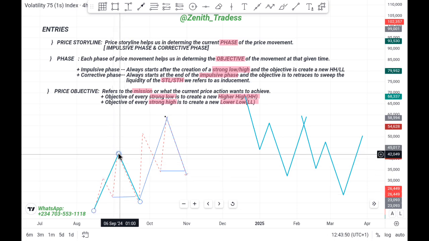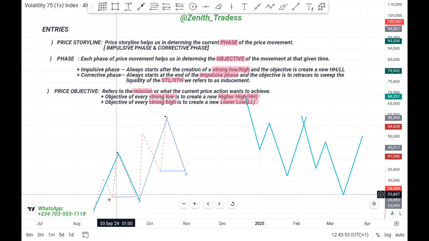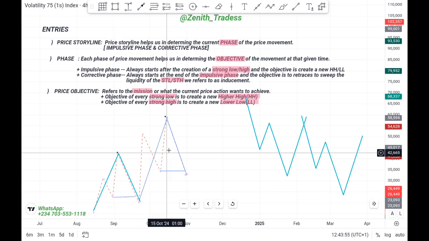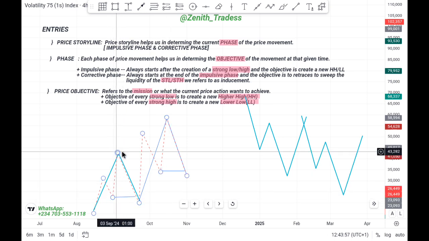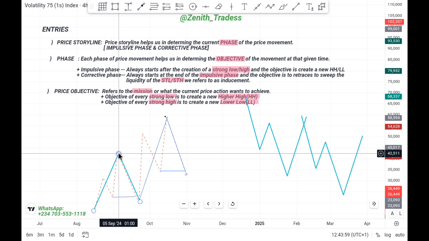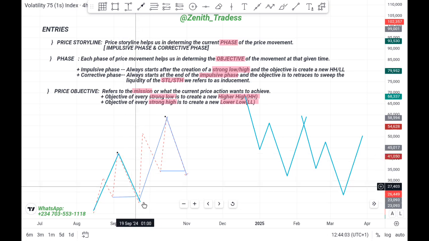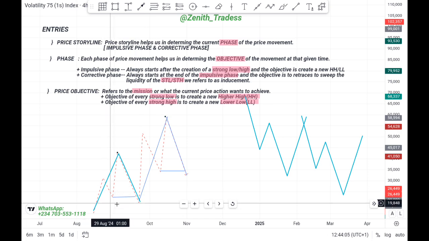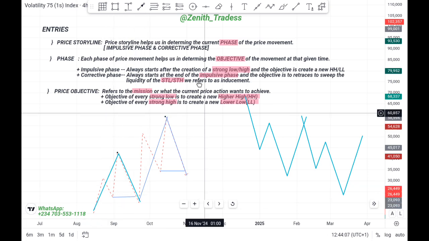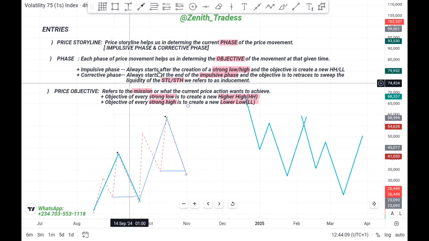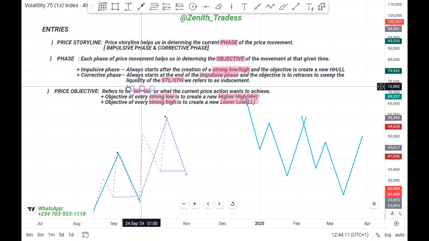Though it's a weak high, it will retrace to take the structural inducement before moving. So now that you know that after a major high has been created, I should anticipate a retracement, the corrective move, to come and sweep my structural inducement before moving. So that's basically all this explanation and definition is talking about.